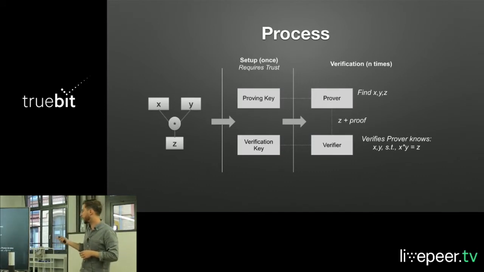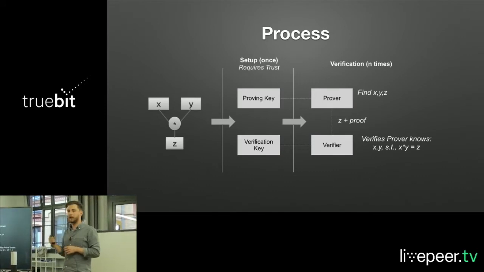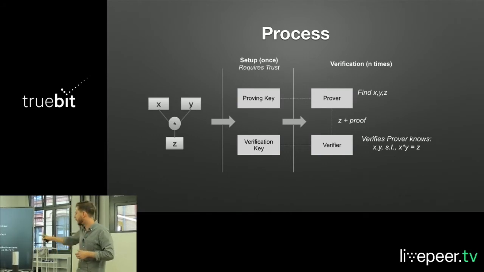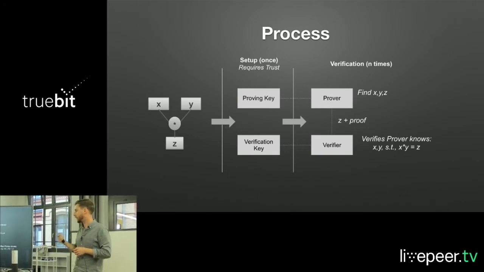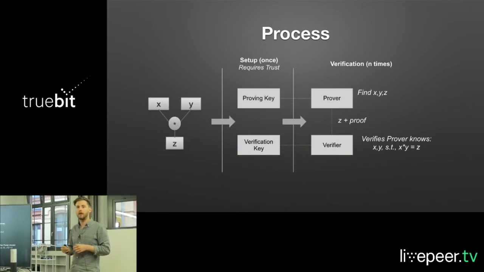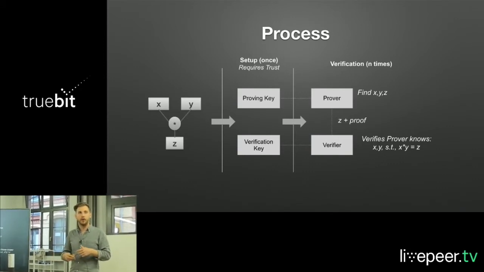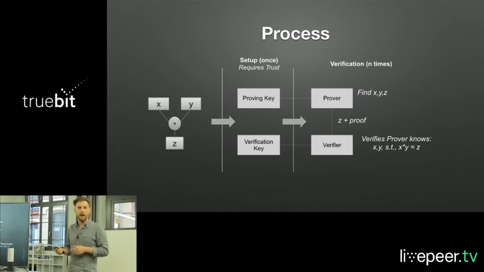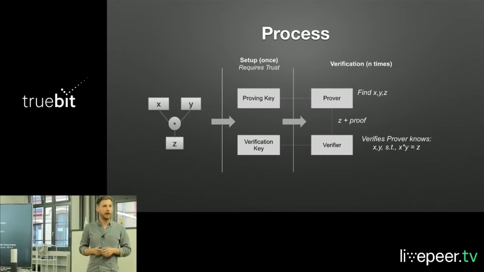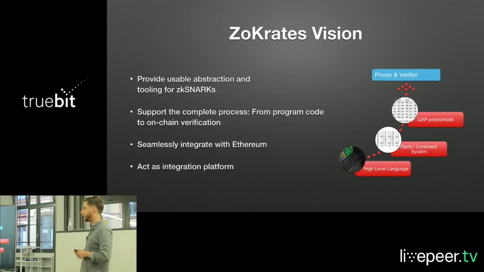After you found these values, you can publish z plus the proof that you actually satisfy this constraint system. The verifier only learns z and can verify the proof that you correctly found x and y, but you never reveal x and y. So that's that in a nutshell.